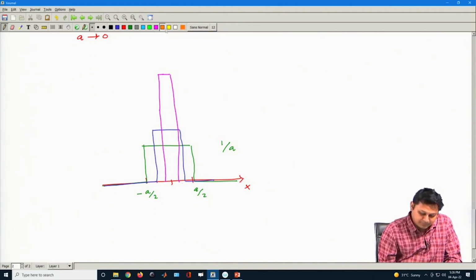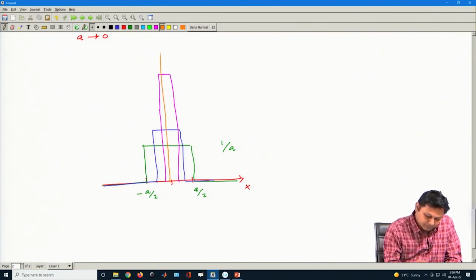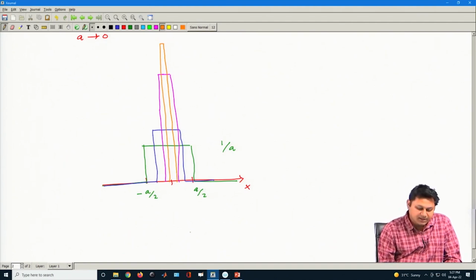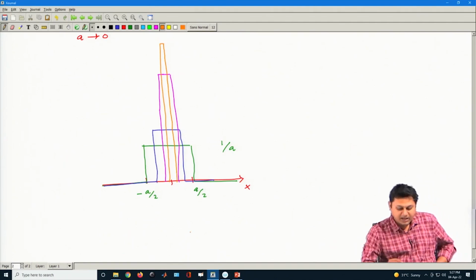If you reduce a more, I will get a very sharp function like this. So, gradually this function is going to shrink, and eventually we are going to get the ideal delta function.